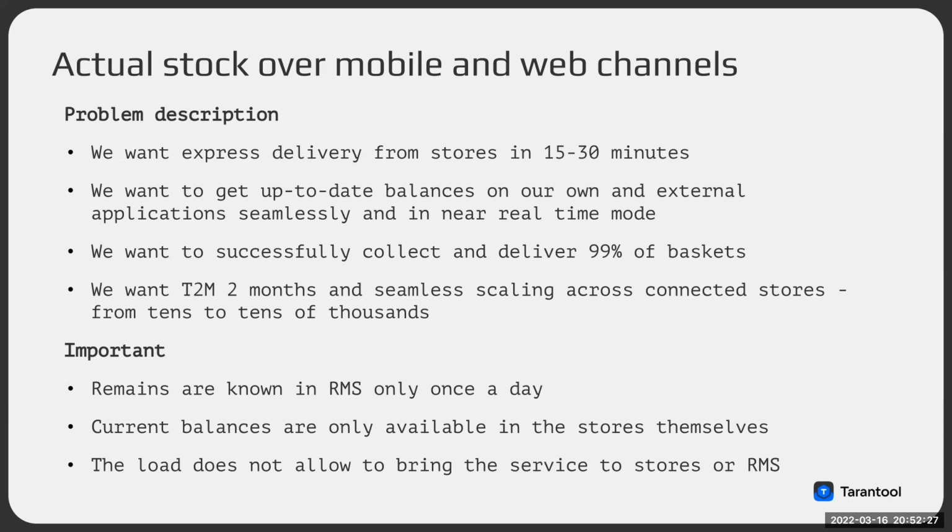But we have 2,000 of them, and we want to be able to serve this catalog from the shops in real time with 2,000 to 5,000 requests per second at least, and we should be able to scale this system for 20,000 shops. This is the trick here.